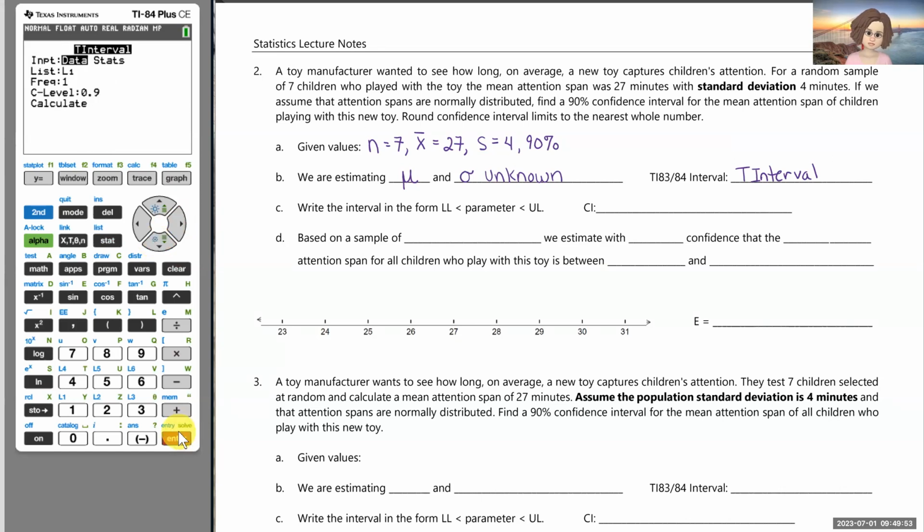And now we don't have the original data on the 7 children. We just have the statistic X bar. So we want to go to stats as our input. And then sample mean 27, S 4, sample size 7, 90% confident.